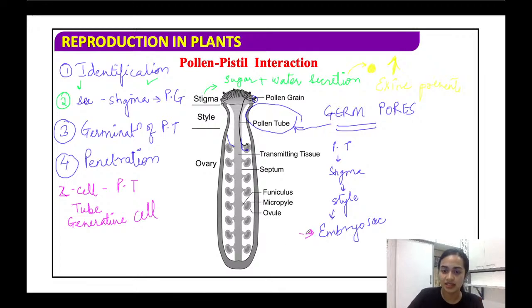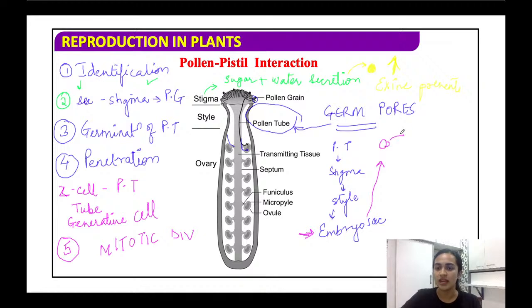Once they start entering the embryo sac, this is the fifth process, they undergo mitotic division. The generative cell we saw will mitotically divide into two male gametes. Clear?